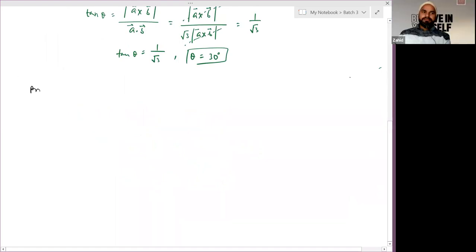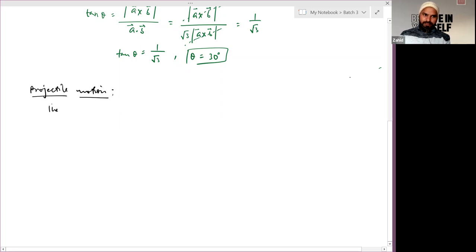Next is projectile motion. So what do you mean by projectile? You will say motion of a body in two-dimensional plane, that is along x-axis as well as y-axis, under the effect of gravity alone, then it is termed as projectile motion.